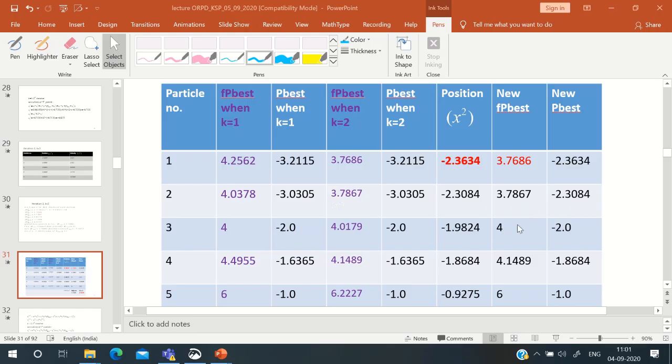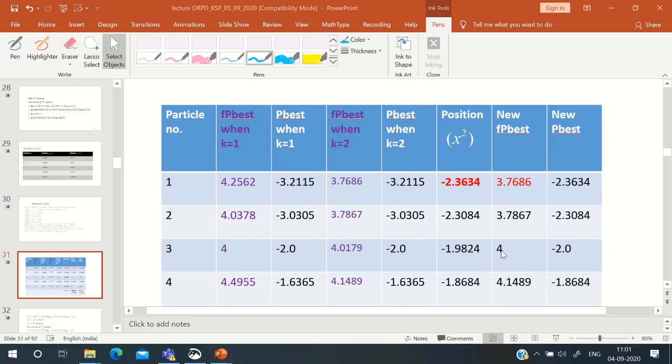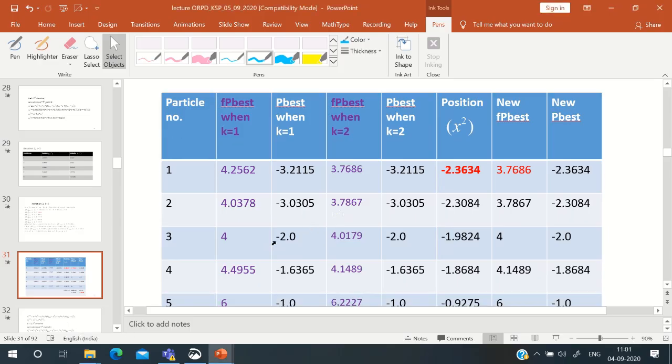I would recommend you to do the hand calculation for this third iteration, and try to compare these values with what you obtain, and it will give you lots of confidence as far as PSO is concerned.